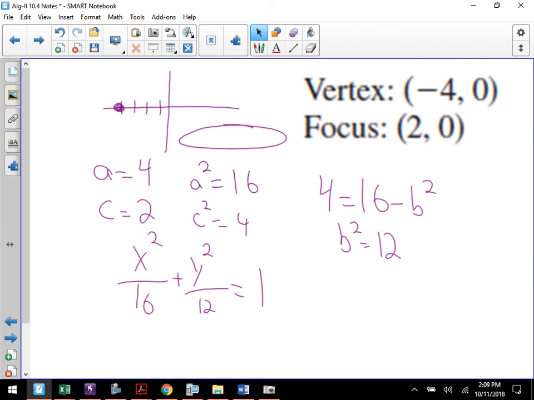What's the value of A? A is the distance from the center to a vertex. If my vertex is at -4, there's another one at +4. My center is at the origin. This value is A. What's the ordered pair? X, Y.